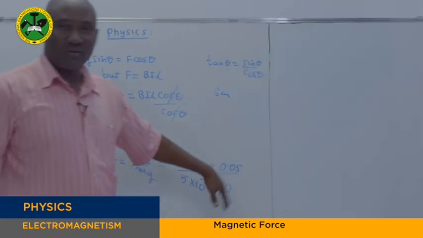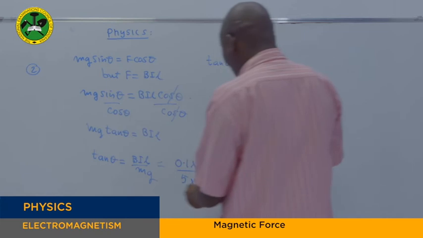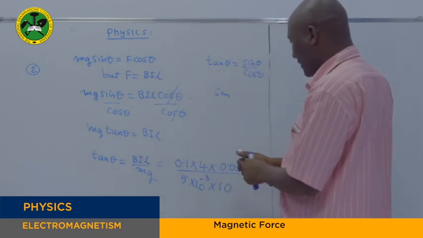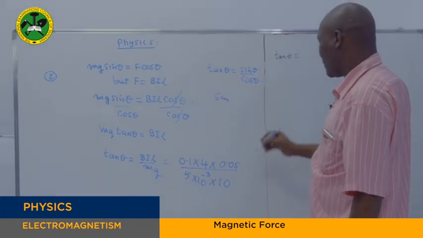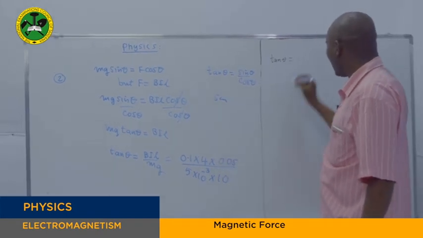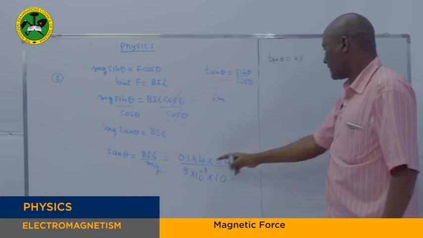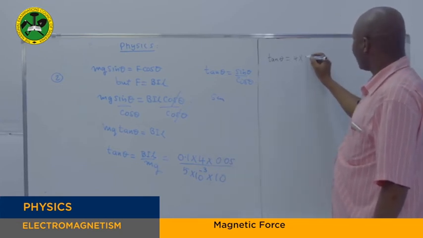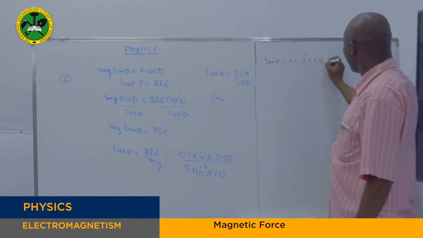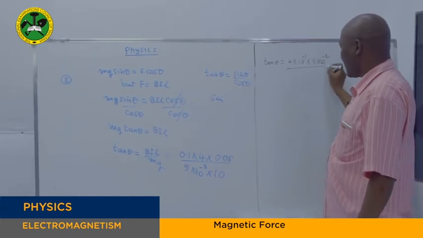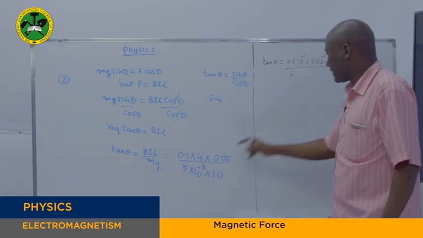Now, using your calculator, you can find out the tan of this theta. Here you can see tan of that angle equals 4 times 10 negative 1 times 5 times 10 negative 2, divided by 5 times 10 negative 2.